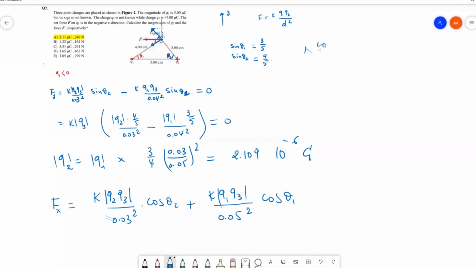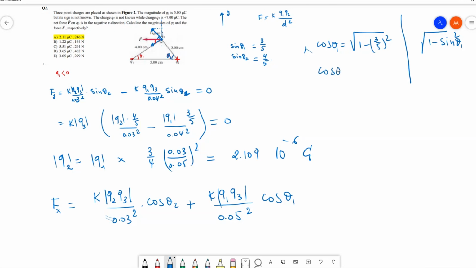Cosine by definition is 1 minus 3 over 5 square, because it's 1 minus sine theta 1 square. So this is the reminder.